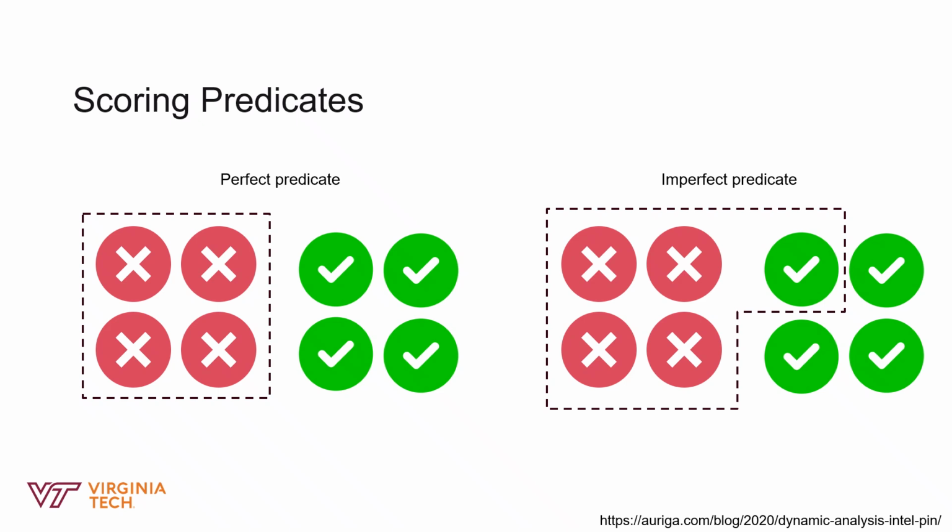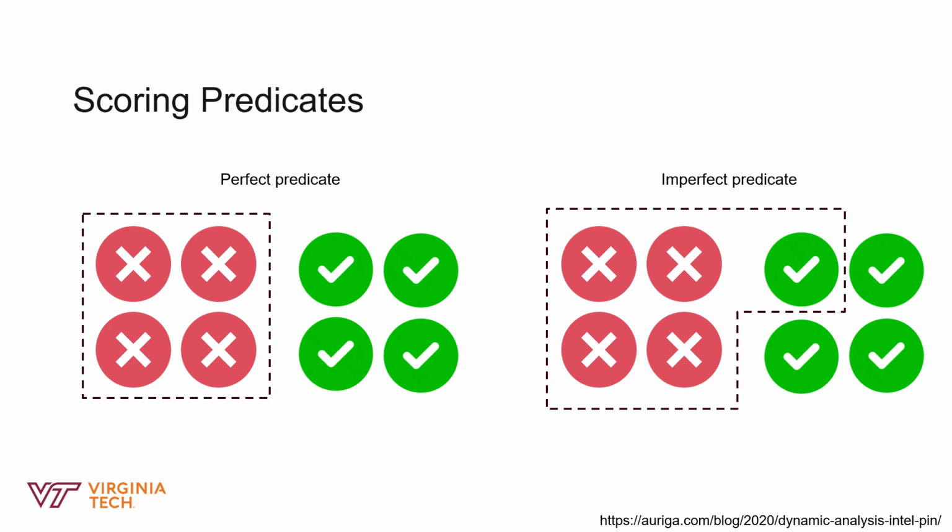So for example, if a predicate for a given instruction was always true for every crashing input and also true for a subset of the non-crashing inputs, but false for the rest of them, that would be an imperfect predicate. And while it's not a perfect predicate, it can still be useful in identifying the cause of the crash.